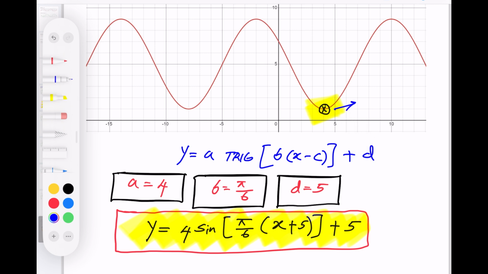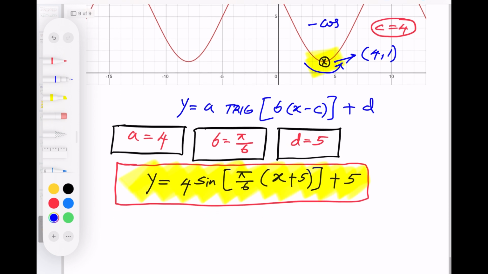According to the graph, that point must have an x-coordinate of 4 and a y-coordinate of 1. Therefore, we can quite easily identify that c should be equal to 4 for that point. Because the behavior is like this around that point, we are going to write down a negative cosine equation for that. So let's go ahead and do that.